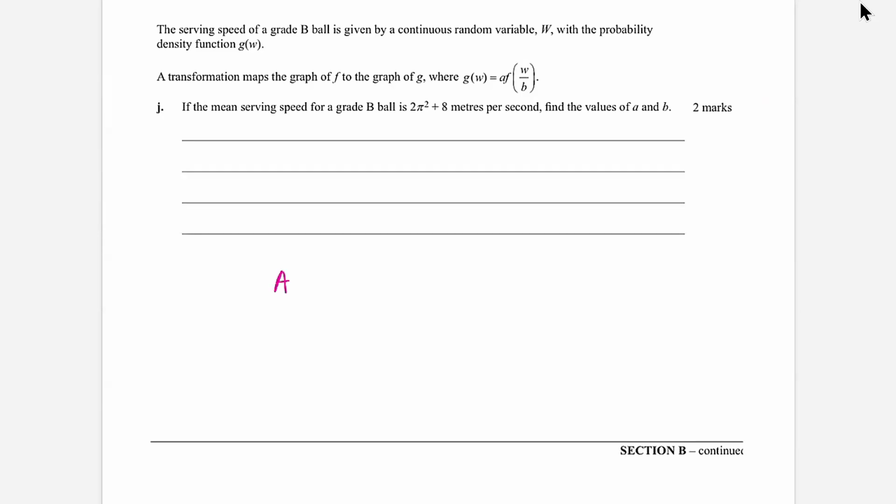But if our original area is A and we dilate by a factor of a in any axis, we multiply the area by the same factor. And because we dilate it in both axes, we have to multiply our original area by a times b, and that's to equal 1. And we know our original area was also 1. Therefore, our first equation is going to be ab equals 1.